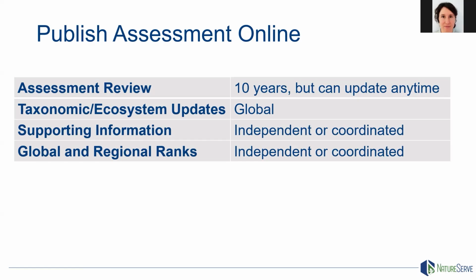Subnational ranks are updated independently of global ranks, aside from state endemics, which are largely coordinated. So while we're shooting to review species on this 10-year cycle, there's various aspects of the species information that are updated independently and ongoing, and also updated to Explore on a monthly basis.